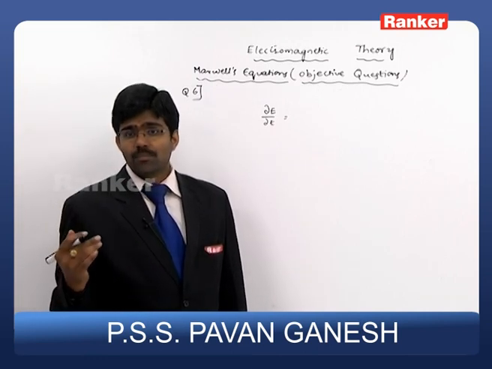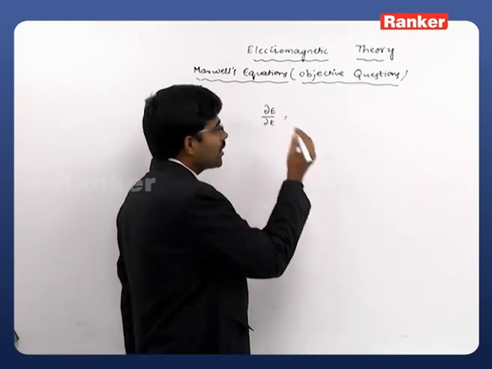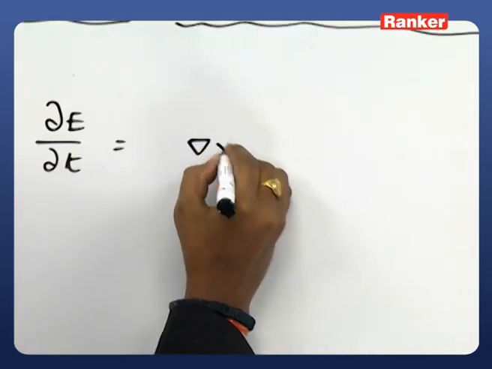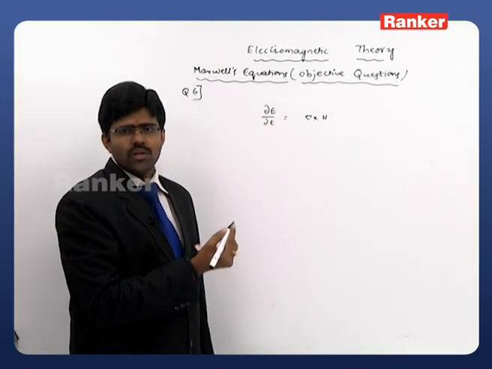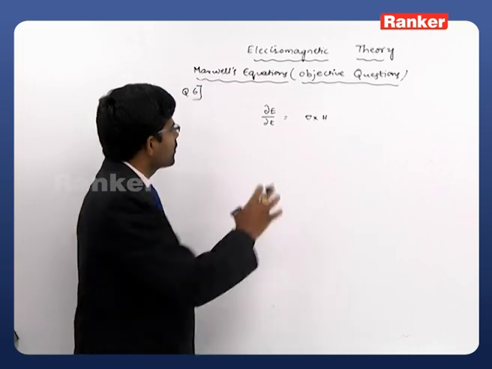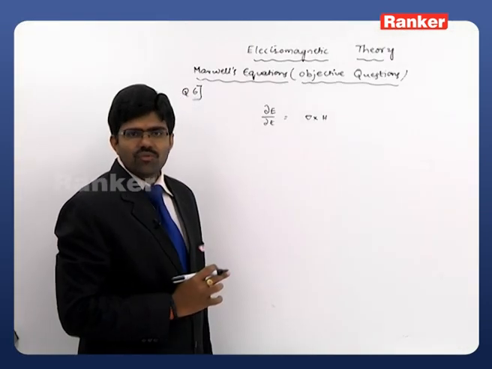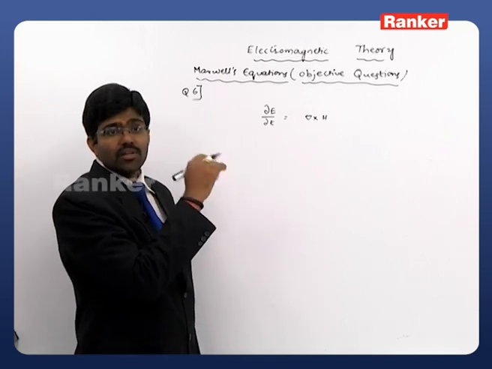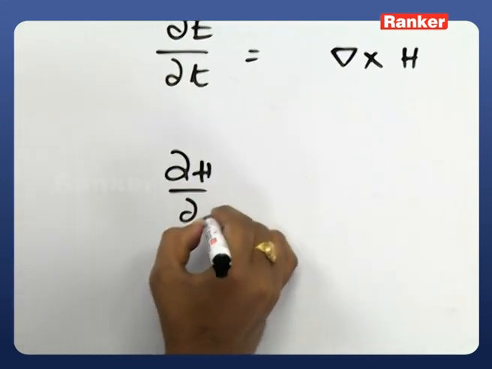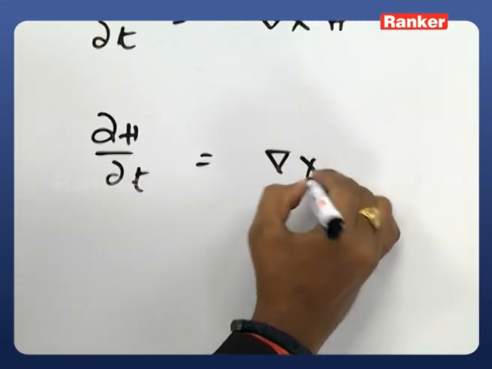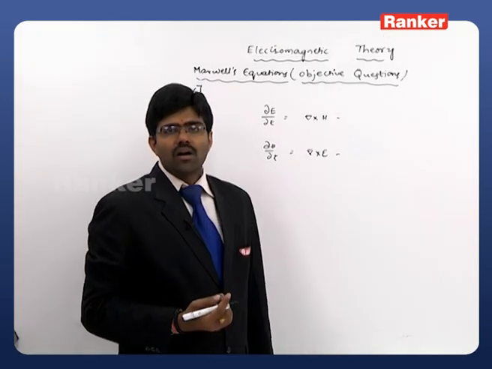Clearly we can write it is related to del cross H, or some constants will be there. No need to go for constants for the time being, just a time varying electric field can generate a rotating magnetic field. In the same way, dou H by dou t is equal to del cross E, this is from Faraday's law, and this is from our Ampere's law.